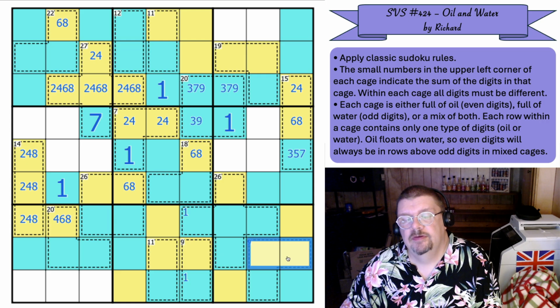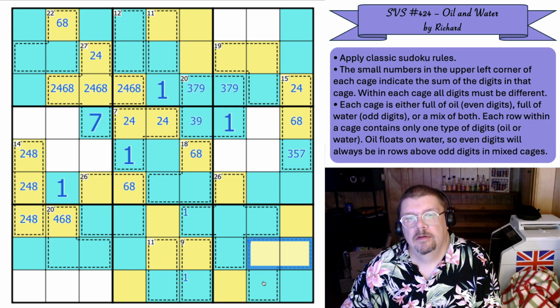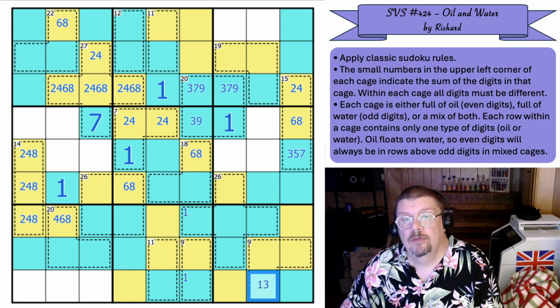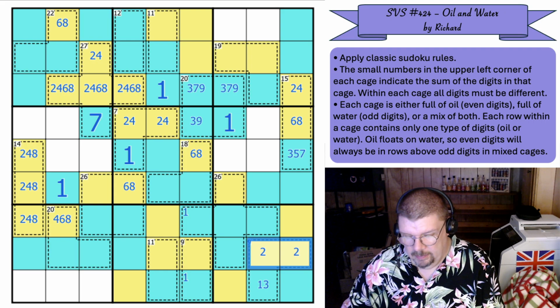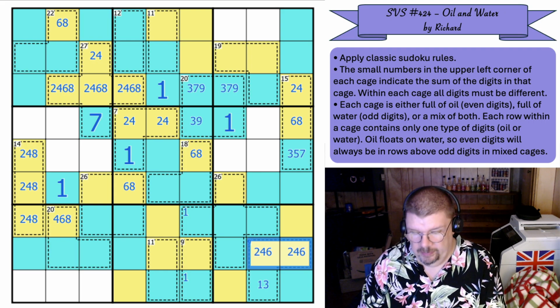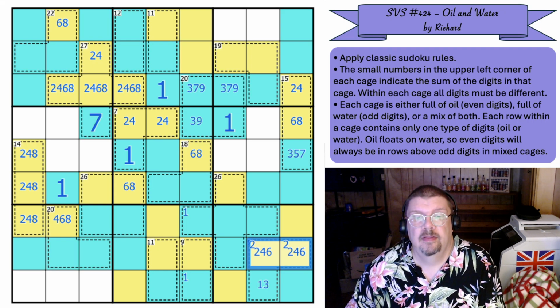9 with 2 even digits is either 2, 4 with a 3 or 2, 6 with a 1. So that's 1 or 3. That's either 2, 4 or 2, 6, and there is definitely a 2 in there.